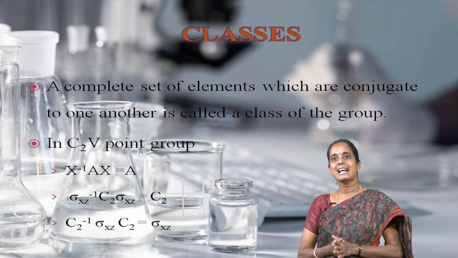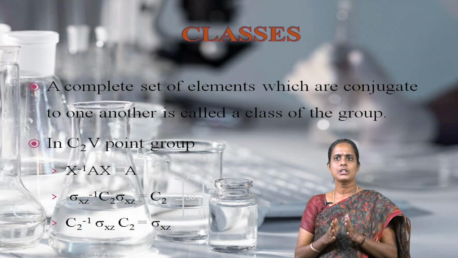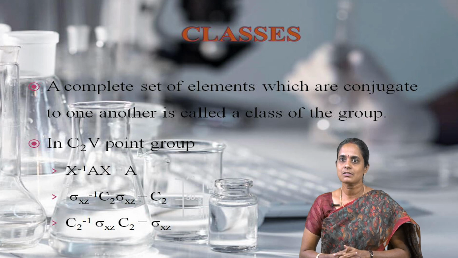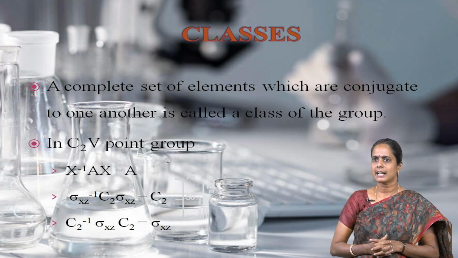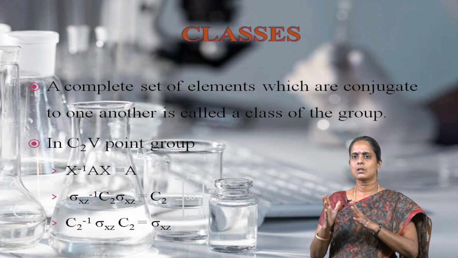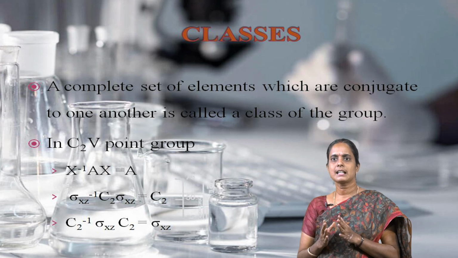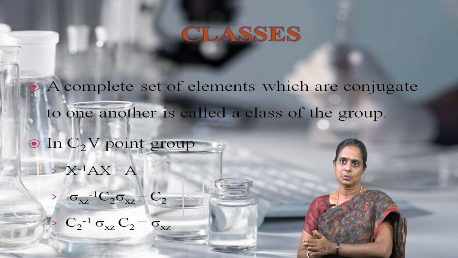Next we see the classes. A complete set of elements which are conjugated to one another is called a class of a group. In a C2V point group, X inverse A X is equal to A, that is sigma XZ inverse C2 sigma XZ is equal to C2.